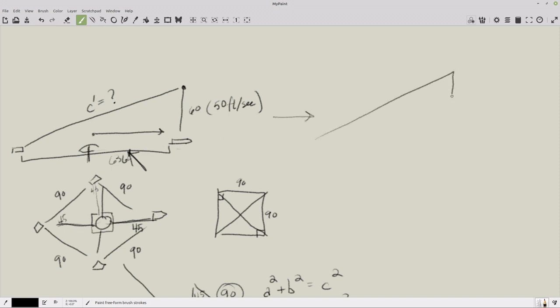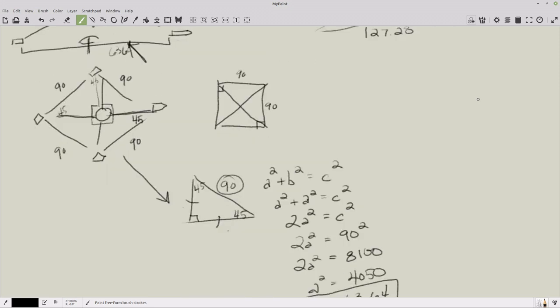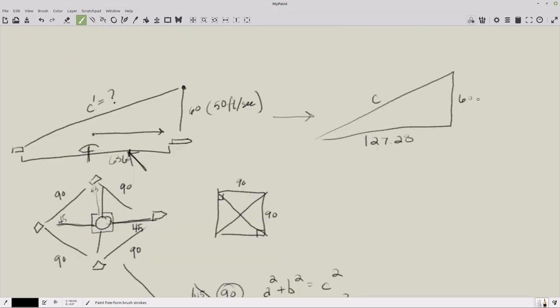Here, this is 127.28. This is my unknown, and this is set to 60 right now, with a speed as well, if I wanted to do that. Okay, so I'm getting there. Everything is going smoothly thus far.